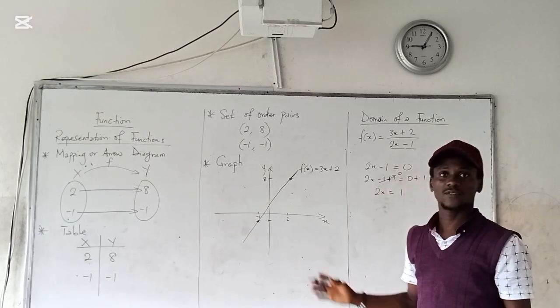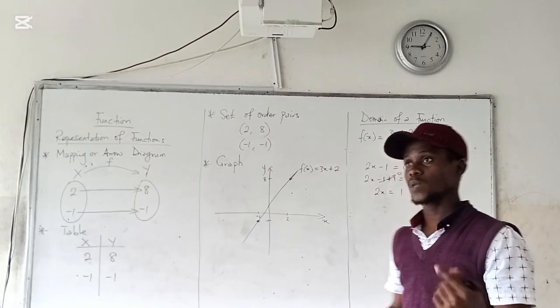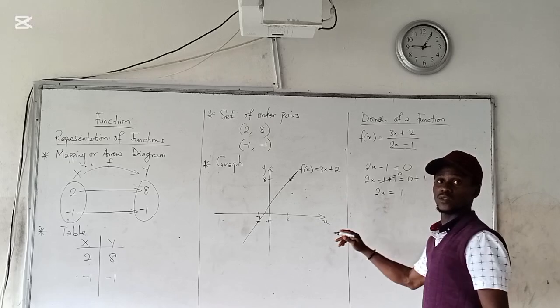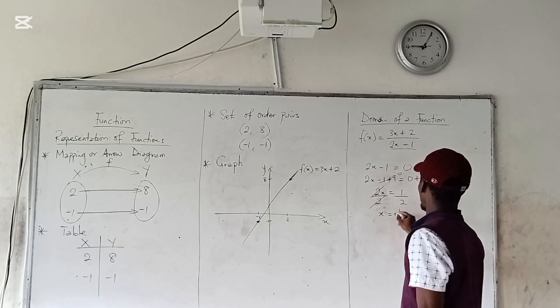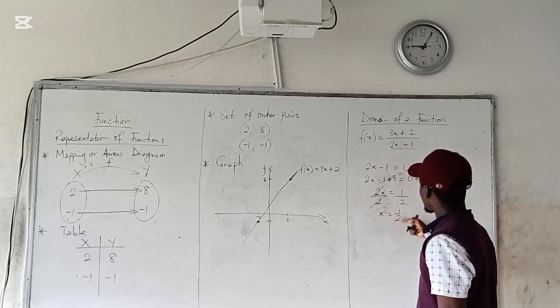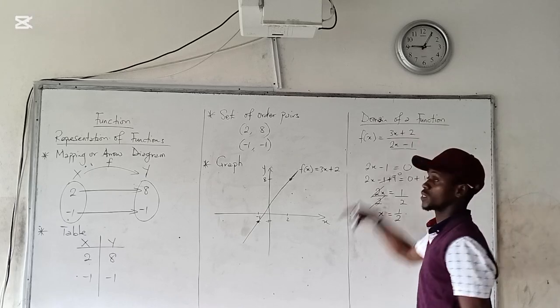Now from here, how do I make x stand on its own? I divide both sides by 2. I have x equals 1 over 2. So this particular value, if I substitute it into this function, makes my denominator 0.